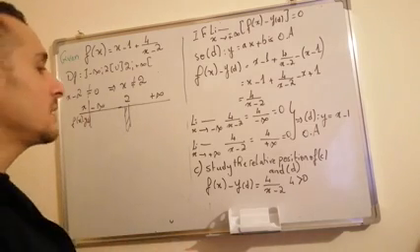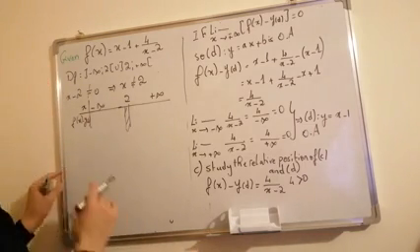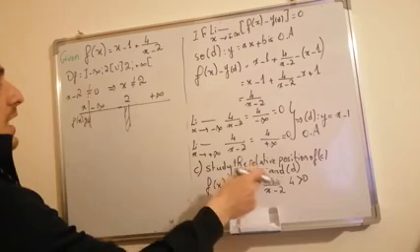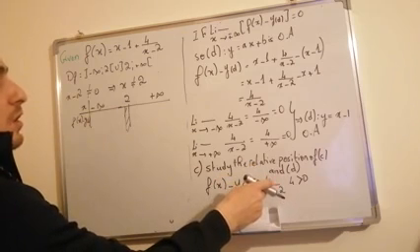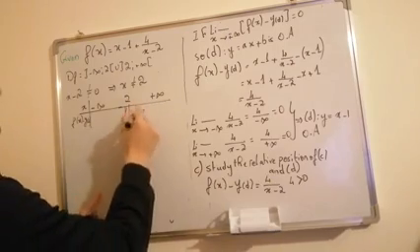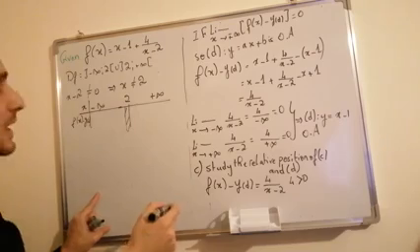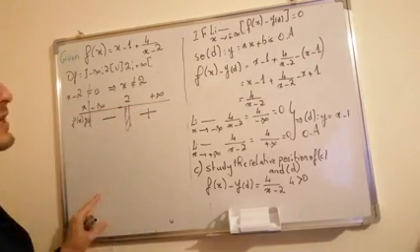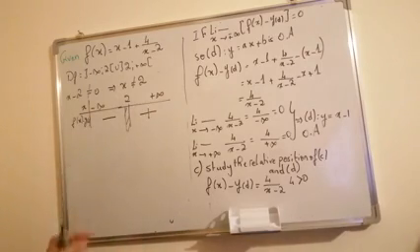Using grade 10, x minus 2 is a factor whose coefficient is positive. After the root, same sign of the number multiplying x, so it's plus, and before it's the opposite sign, so it's minus.